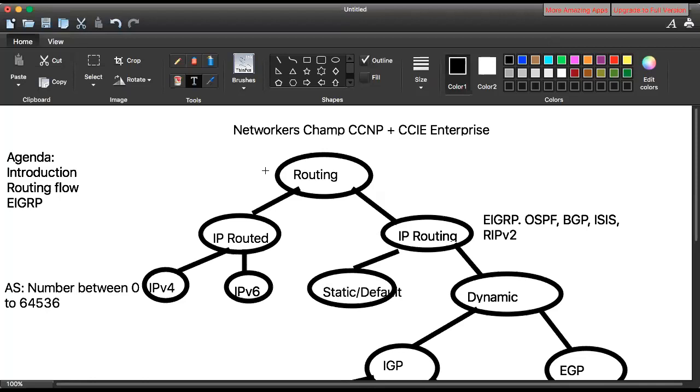So after the routing flow, what we have discussed in the routing flow is basically how the packet goes through one by one, how ARP works as well, the end-to-end process. So now the next topic is going to be the EIGRP protocol. We'll now talk about the EIGRP protocol itself.